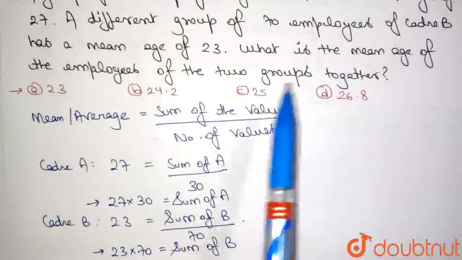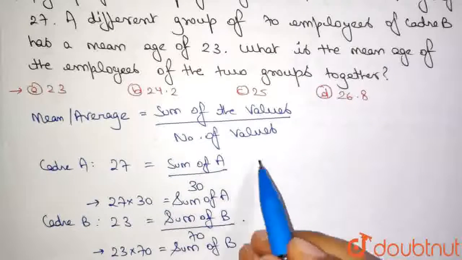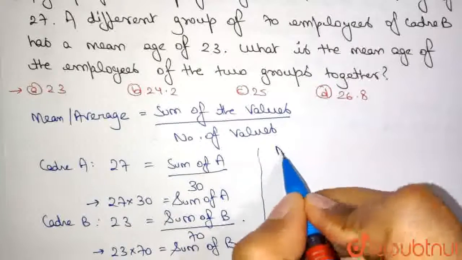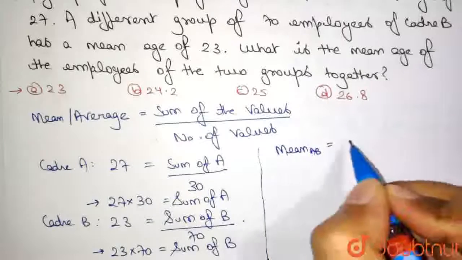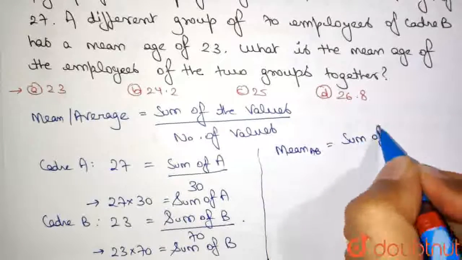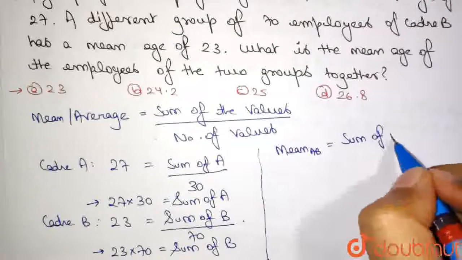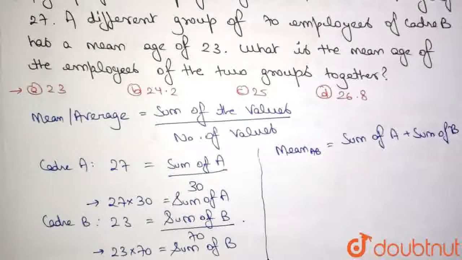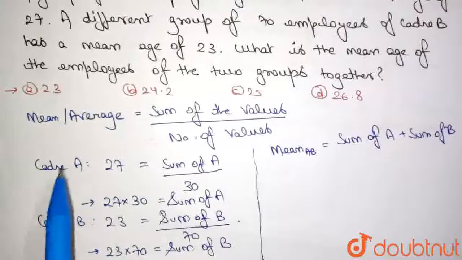Now the question says, what is the mean age of the employees of the two groups together? So let me find out for the two groups together. I'm going to call it mean AB. So mean of AB is equal to sum of A and B together, right? Sum of A and B together is nothing but sum of A plus sum of B, because according to the mean or average formula, we have mean or average equal to sum of the values upon number of values.